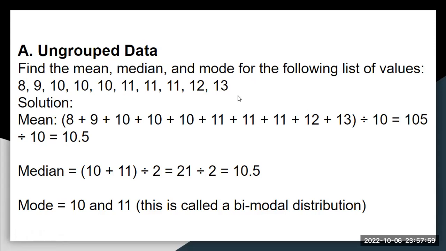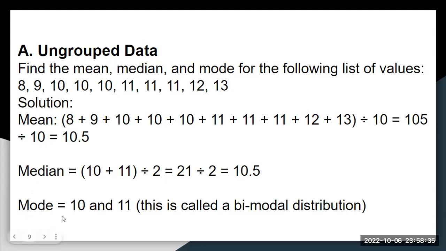But this time, since 10, okay, 1, 2, 3, 4, 1, 2, 3, 4. So, nasa gitna si 10 at saka si 11. So, you just need to add these 2 and then divide by 2. So, 10 plus 11 divided by 2. So, 10 plus 11, that is equal to 21 divided by 2. That is equal to 10.5.